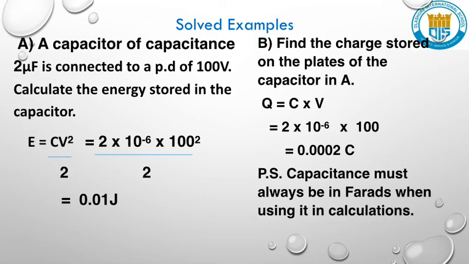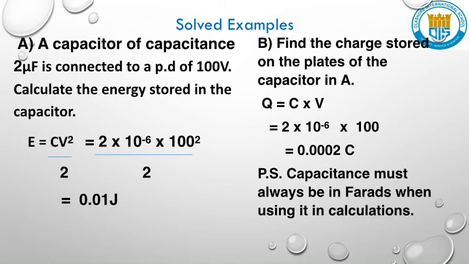Now, you have to convert your capacitance to farad. I have said that earlier, that when you are solving a question on capacitance, the capacitance value must be in farad. And 1 million microfarad makes a farad.